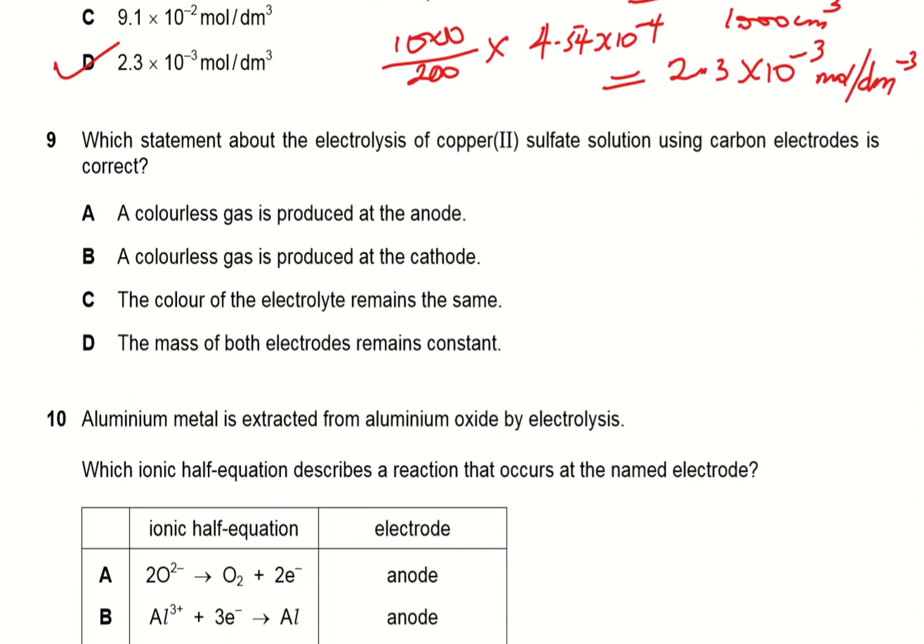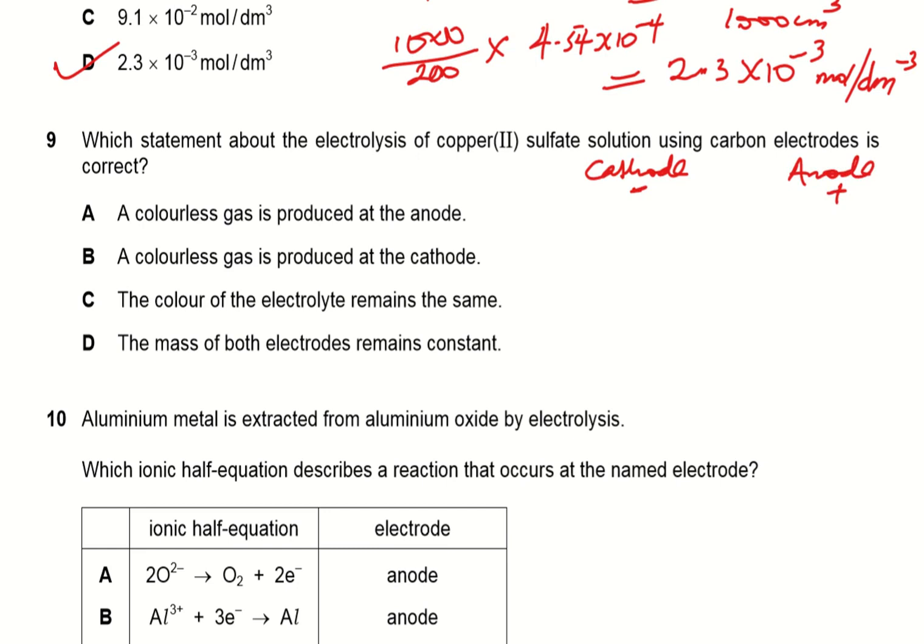Okay, question 9. Which statement about the electrolysis of copper sulfate solution using carbon electrode is correct? In the electrolysis of copper sulfate solution, we have the cathode, which is the negative electrode, and of course we have the anode, which is the positive electrode.